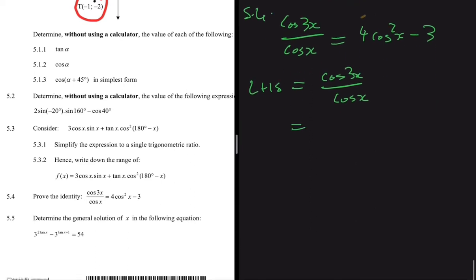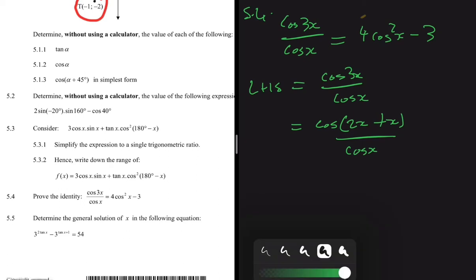So instead, let's say cos of 2x plus x, and then we can divide all of that by cos of x. So now it should be clear that we can play around with cos of 2x plus x because we know that there's something special about that. We've already established what cos of a plus b is equal to, so we'll just go ahead and substitute it.